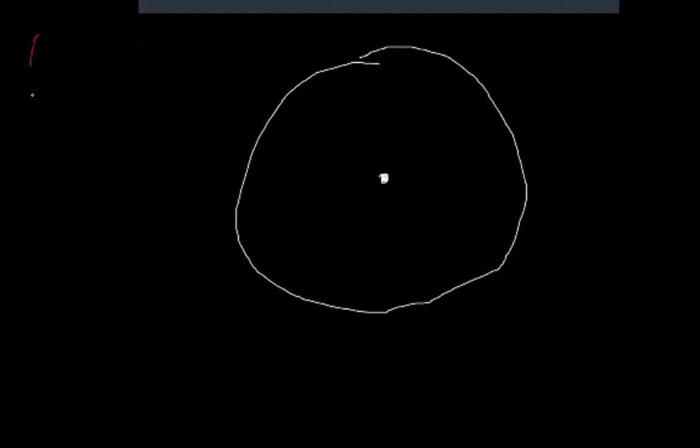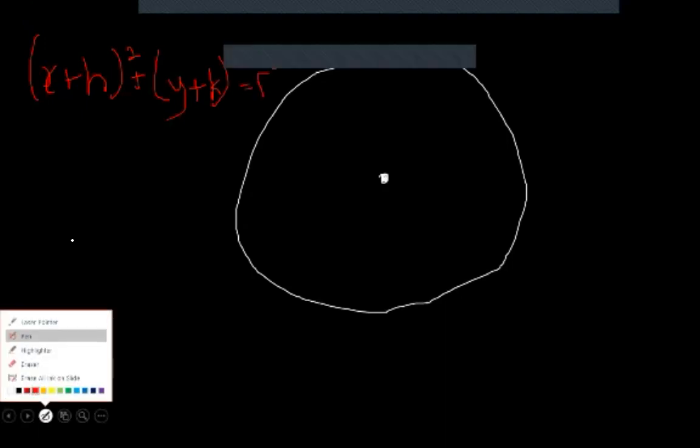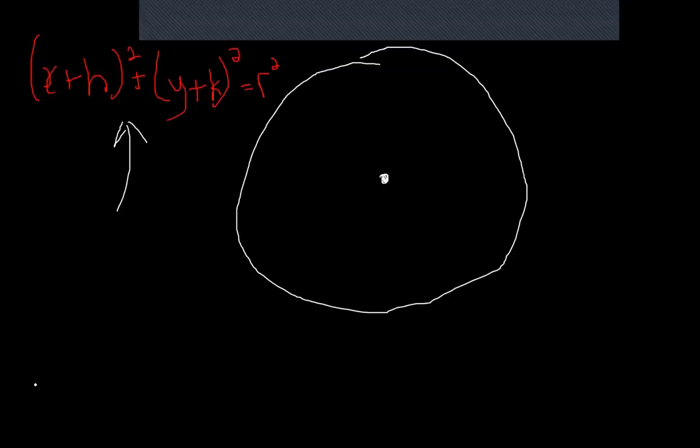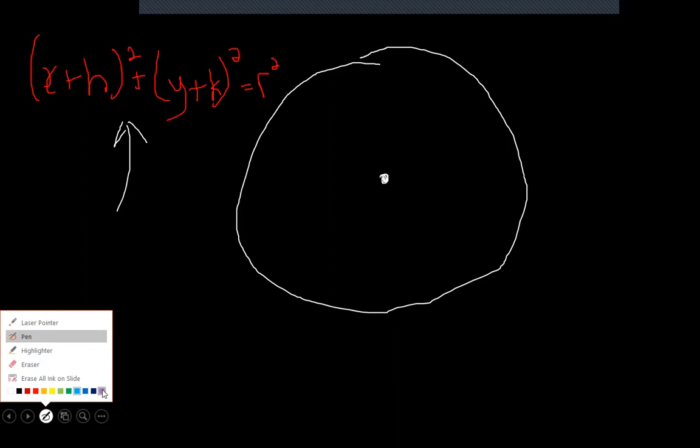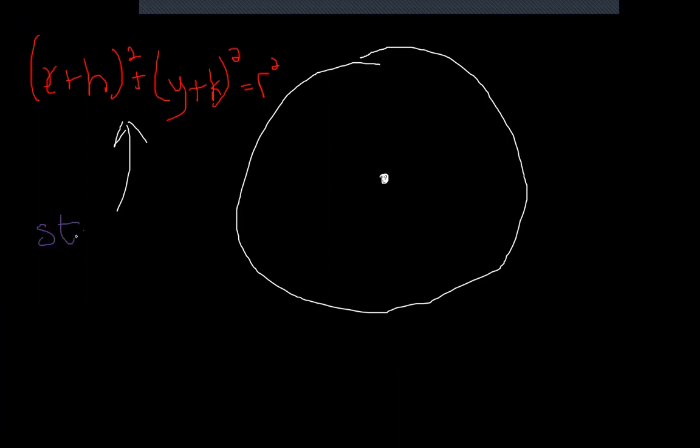And the equation of the circle is in the form x plus h squared plus y plus k squared is equal to r squared. This is known as the standard form.